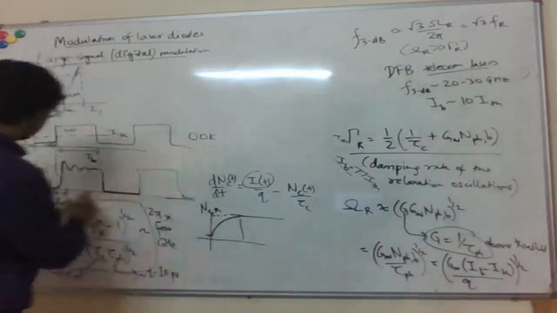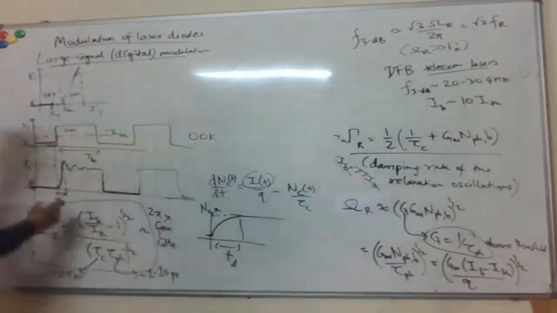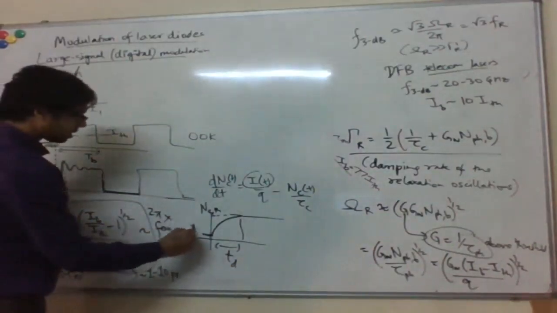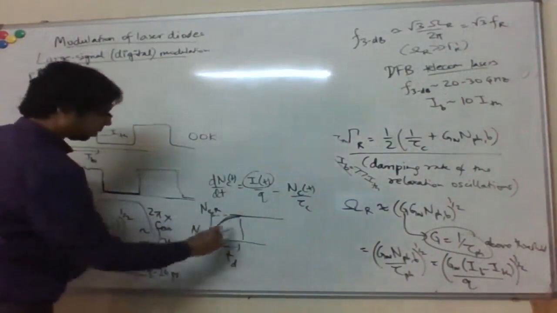So this tau d is the time that the carriers take to start from this NC0 value for I0 to reach up to the threshold value.